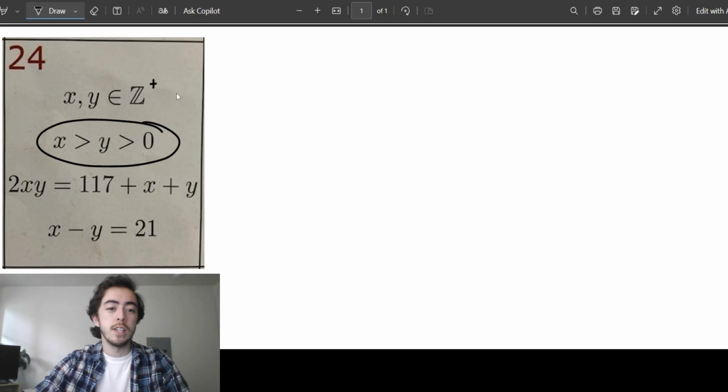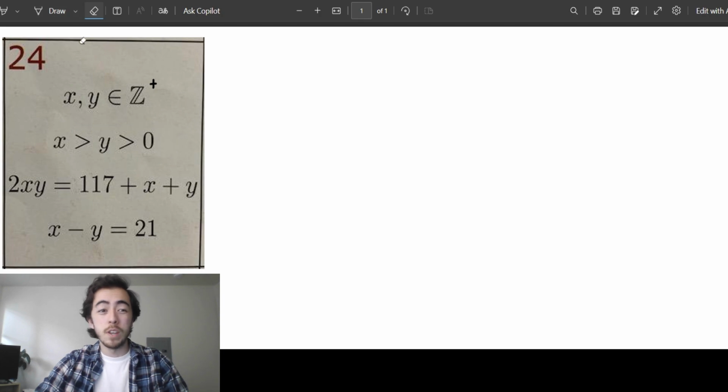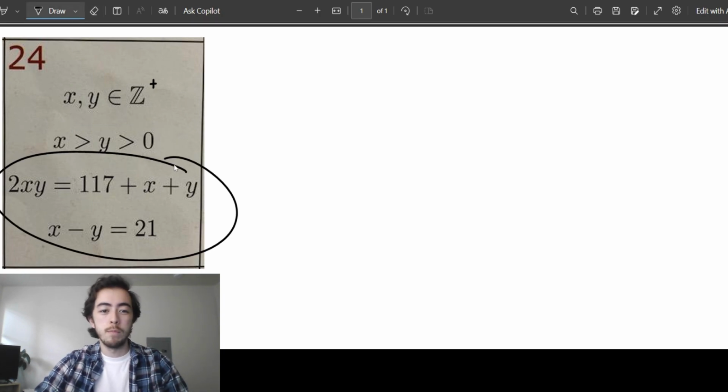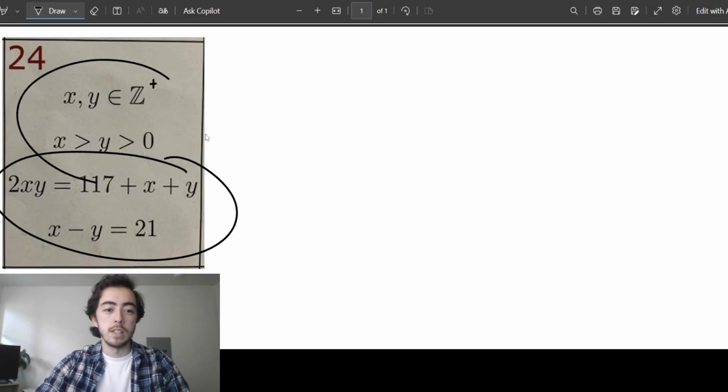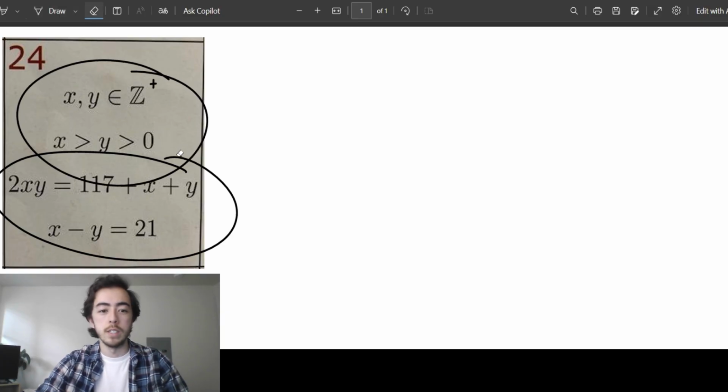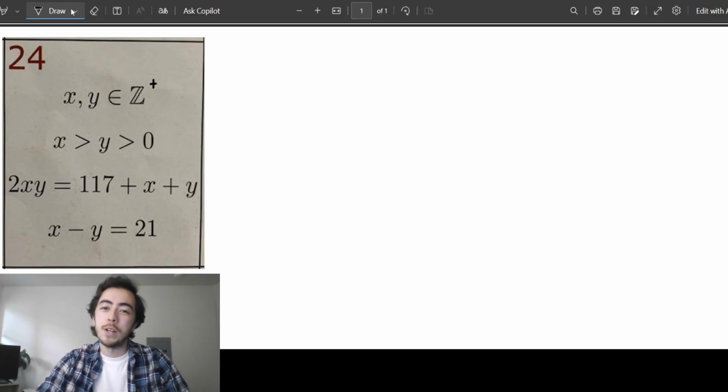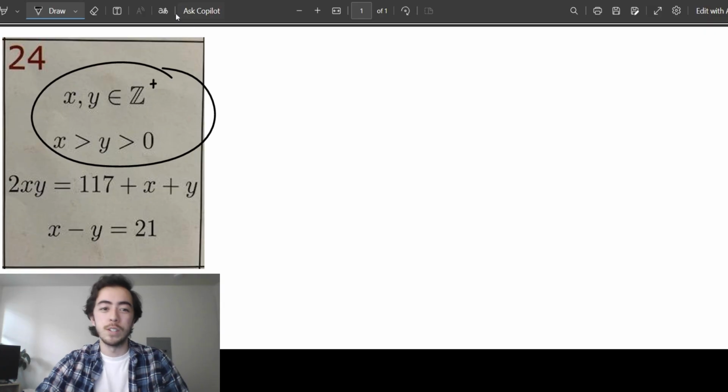Something interesting is this condition that x has to be greater than y. This suggests to me that there might be other solutions to this system that we need to throw out based on these claims that they're positive integers. But I'm not sure exactly what solutions we're going to get, so we'll see later why these initial statements are important.